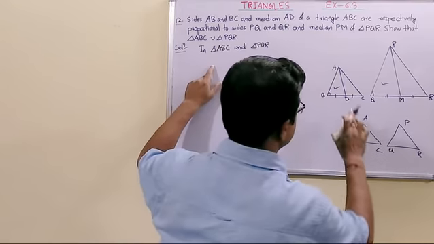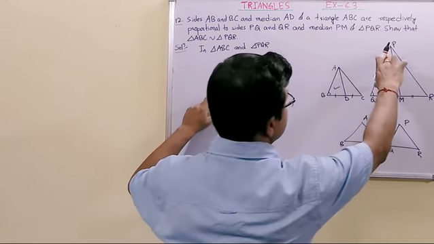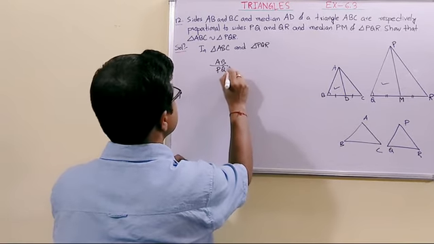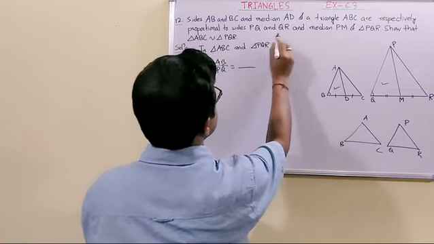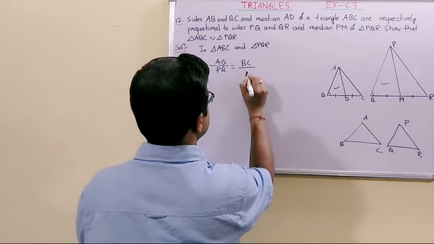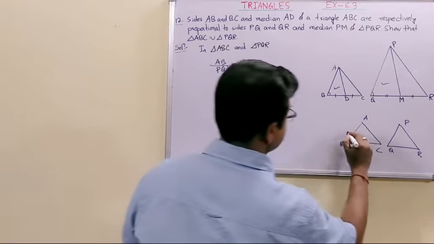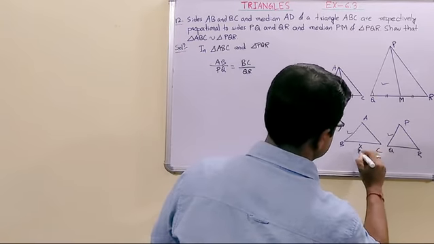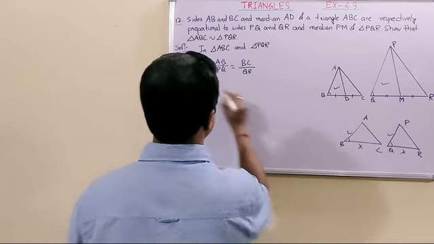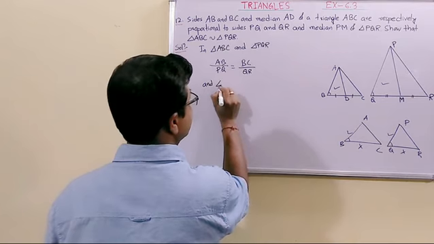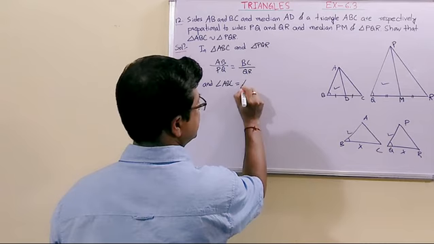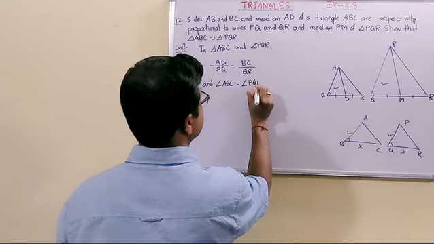Here, what can we write? It is already given AB by PQ is equal to BC by QR. You see, AB by PQ is equal to BC by QR. After that, we have already proved these two angles are equal, and angle ABC is equal to angle PQR.